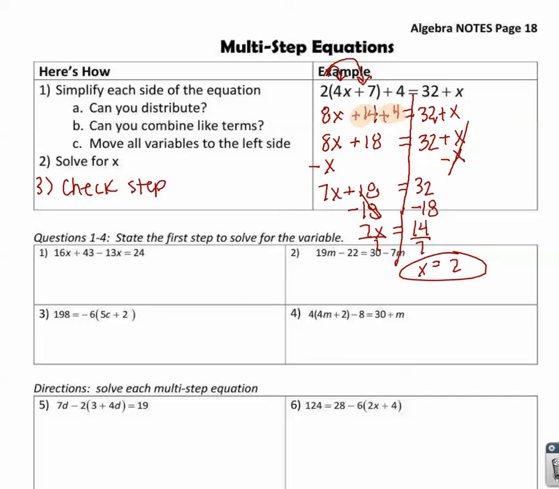So the first step in problem 1, this says 16x plus 43 minus 13x equals 24. So in this case, the first thing that you need to do, since there's no distribution, is combine like terms. So on the left side of my equal sign, I have two terms with a value of x, so that's what you're going to do first.